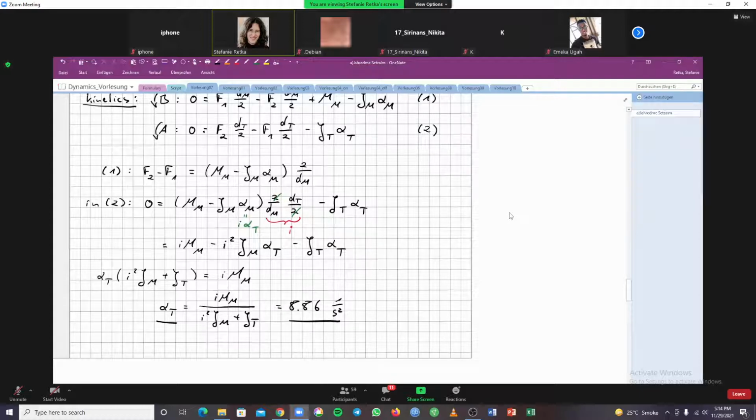And then we can also compute the angular acceleration of the motor by I times alpha t, which is 33.67 per square second.